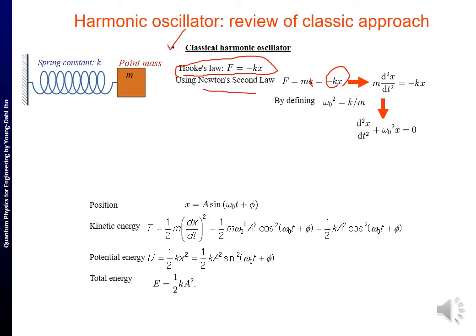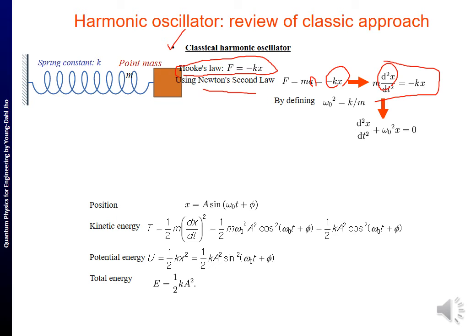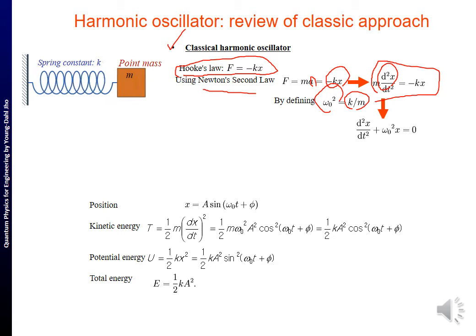So the acceleration is replaced by d squared x dt squared. This equation is a very simple second order differential equation. So we divide both sides by m, and then k over m is replaced by omega 0 squared.